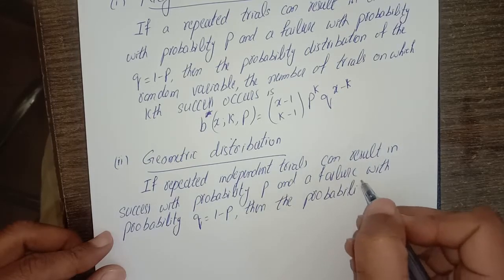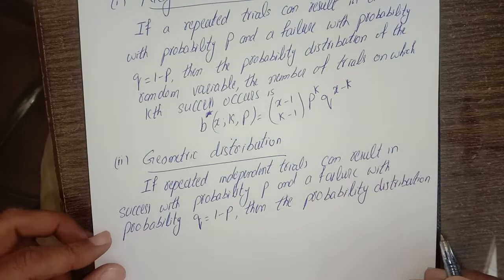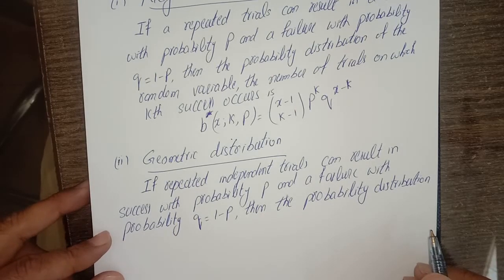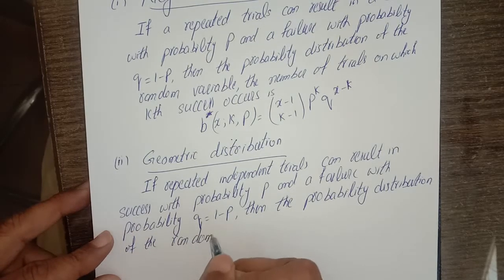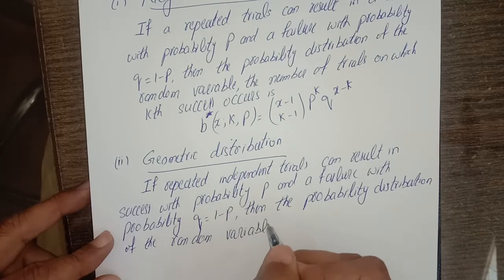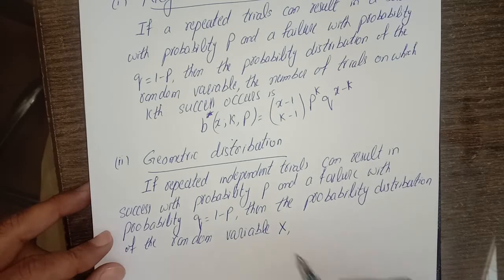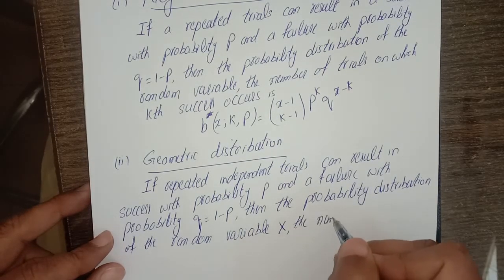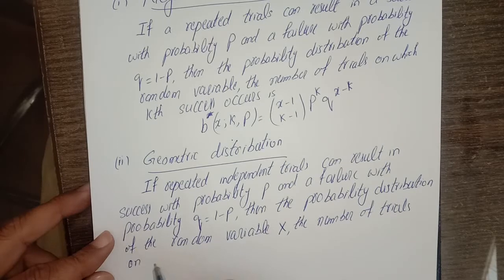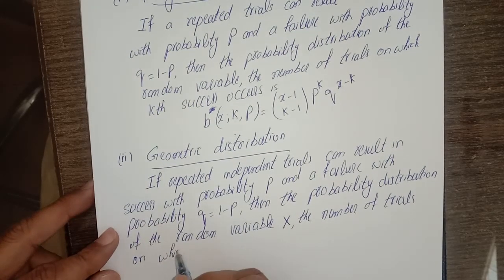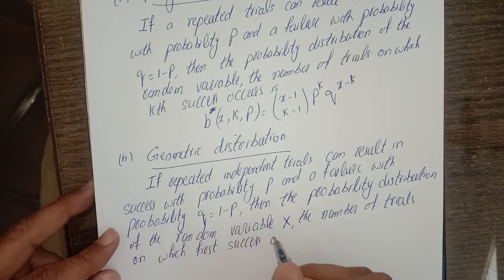then the probability distribution of the random variable x, the number of trials on which the first success occurs, is given by g(x; p) = p times q raised to power x minus 1.